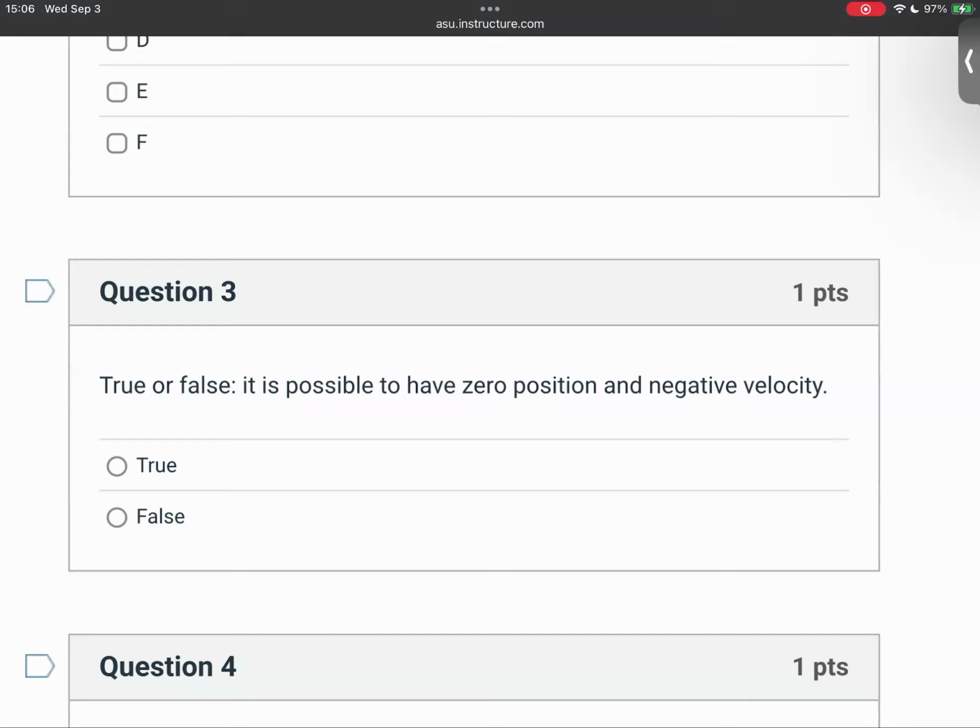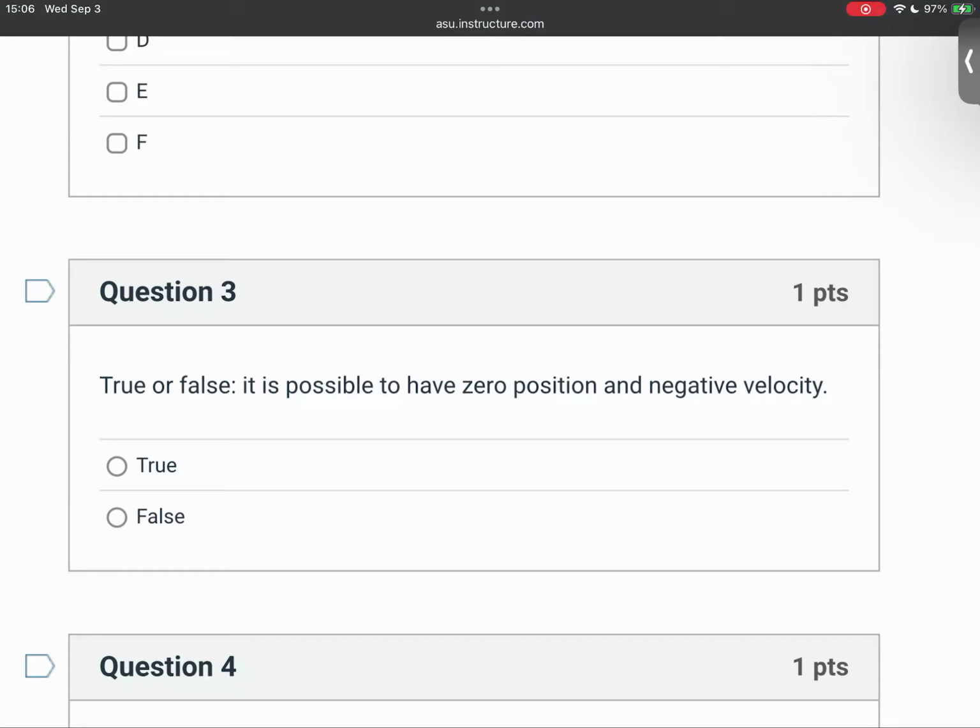The relationship between velocity and acceleration is the same as the relationship between position and velocity. Velocity tells you the rate at which position is changing. Acceleration tells you the rate at which velocity is changing. Let me ask you, can you have position zero and velocity non-zero? Sure. My hand was moving through the origin and had a velocity.